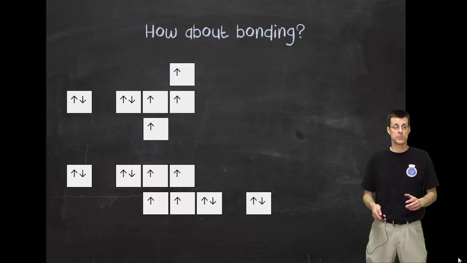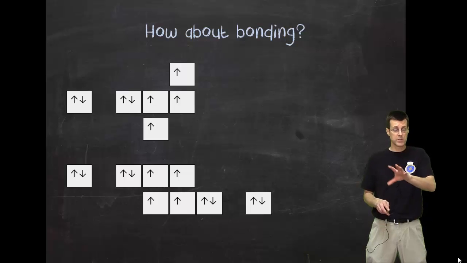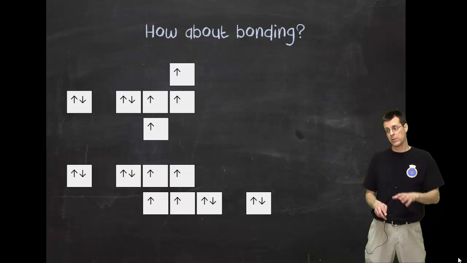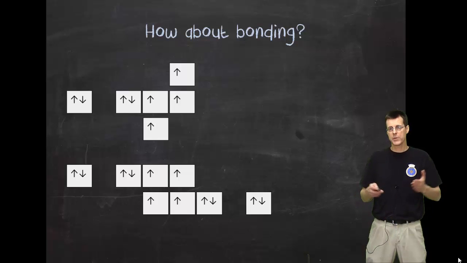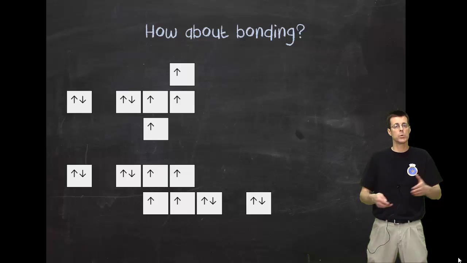So quantum theory still works. It still explains what we're observing. It still explains how bonding can happen. We're also going to find that we can use it to explain bonding patterns in things that, remember when we did Lewis diagrams and we ended up with things that, wow, where did that come from? We'll be able to use quantum theory to explain that.